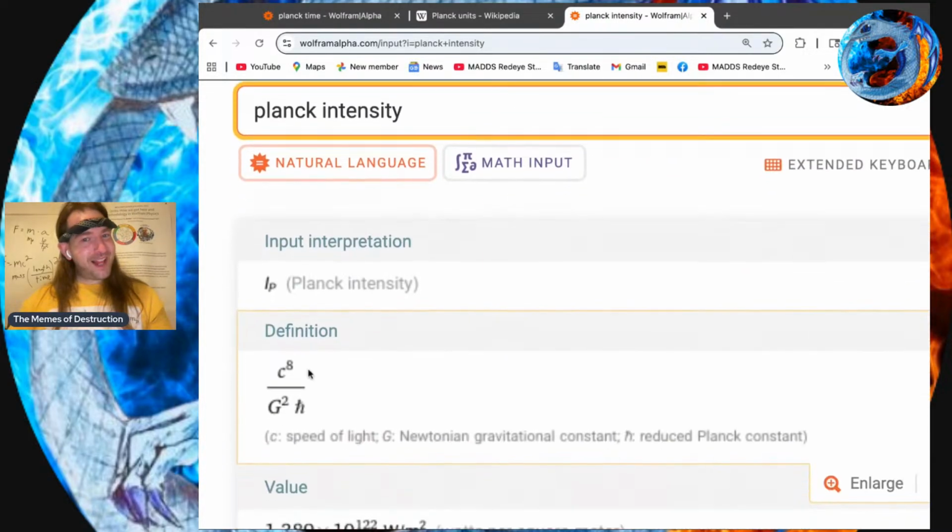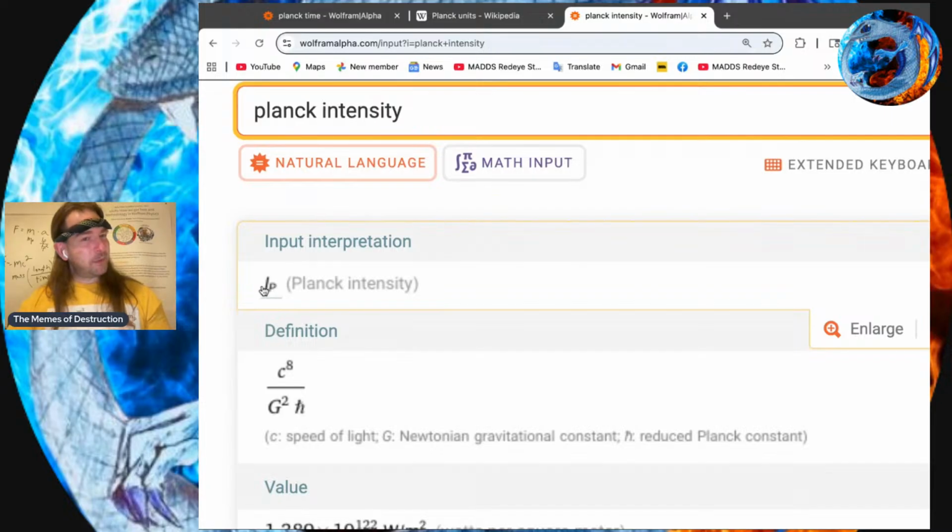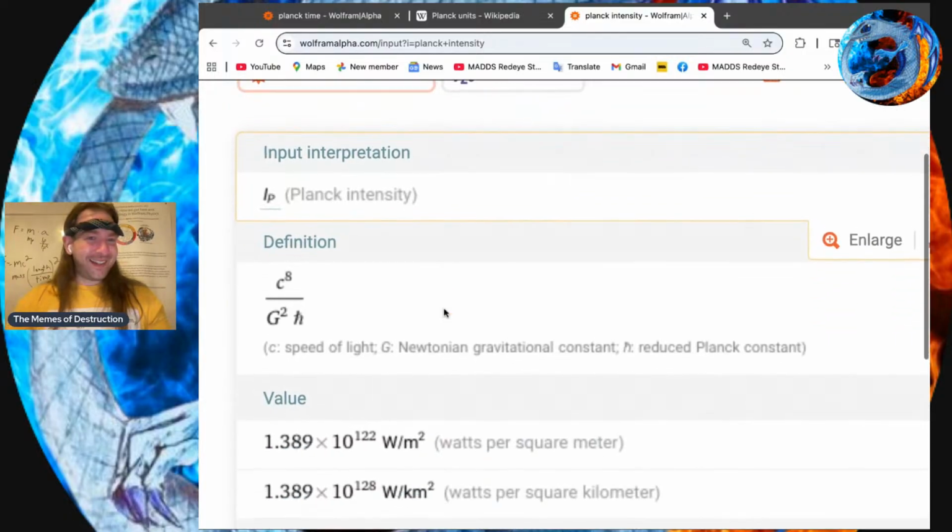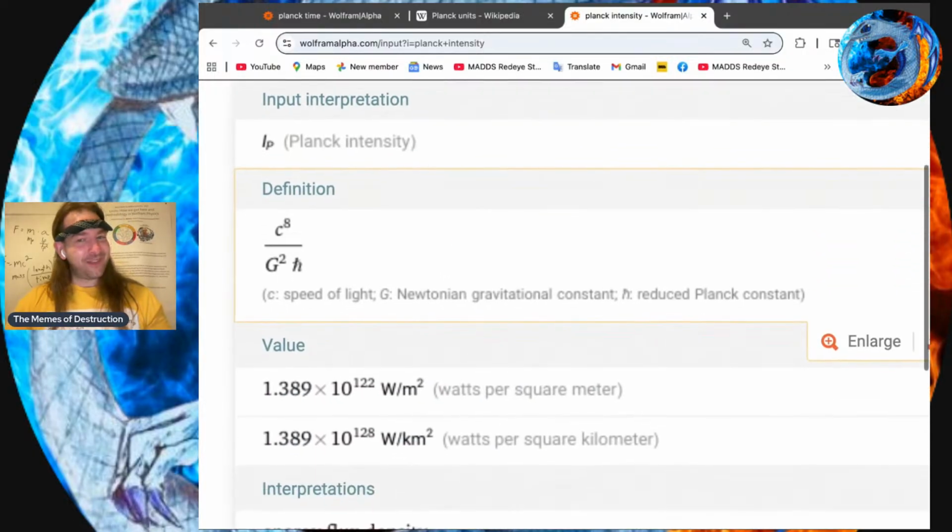Okay, Planck intensity. What is L sub P? That's supposed to be the Planck length. That's actually capital I. The only reason I knew this is because Wolfram Alpha told me after a calculation.